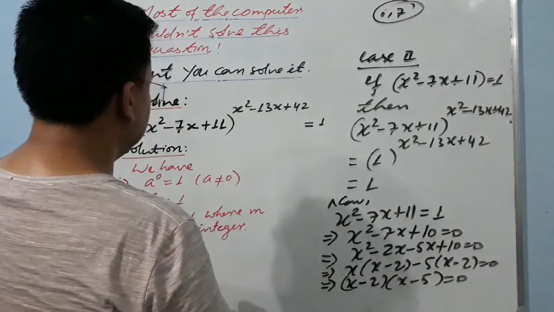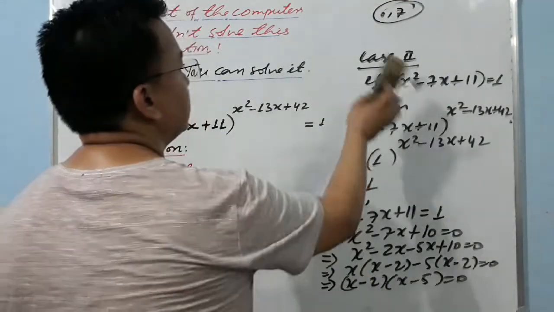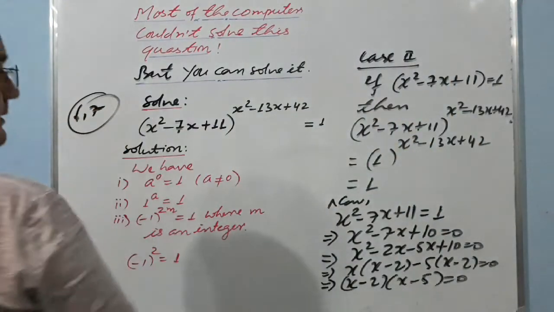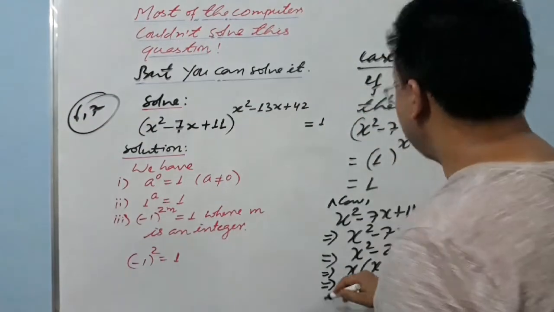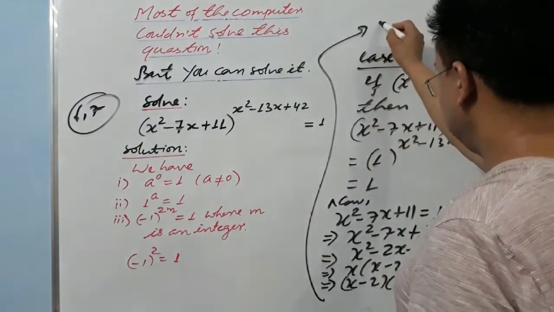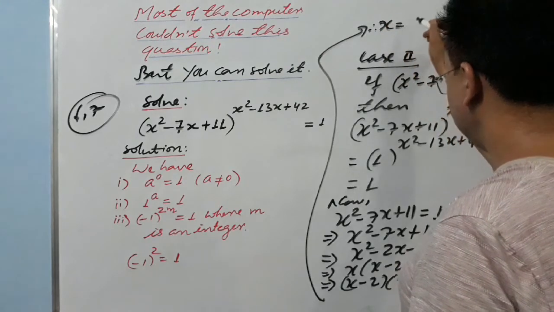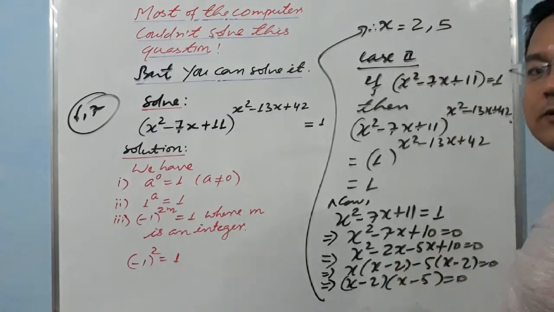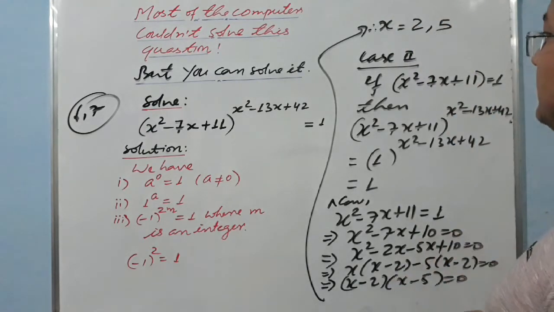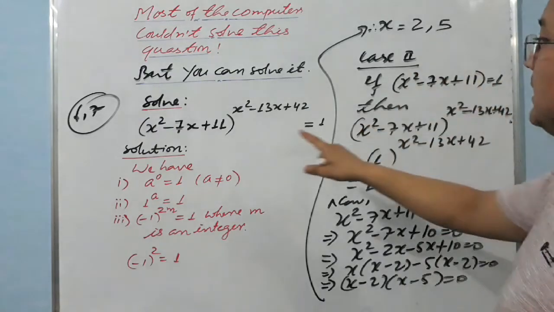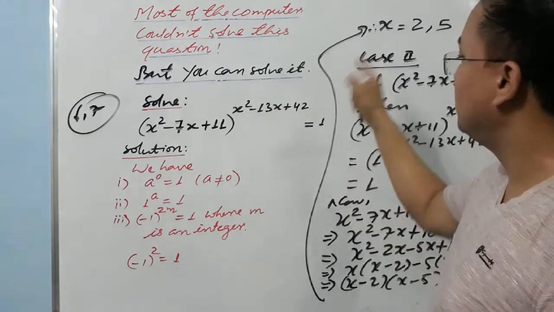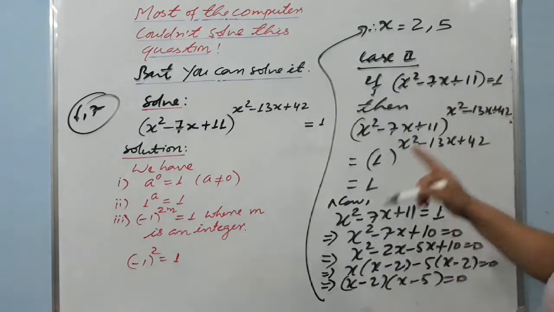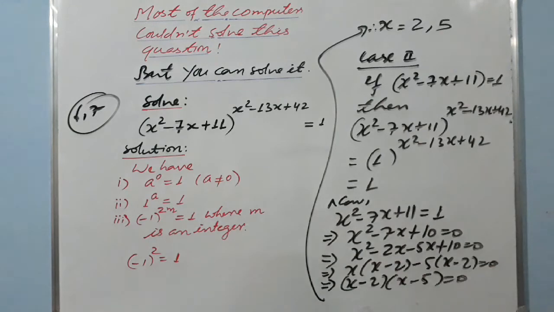Therefore x is equal to 2 comma 5. So if you use the value of x equal to 2, even then you will get 1; this 2 will satisfy this equation, 5 also satisfies this equation. So using the second condition, now let's use the third condition.